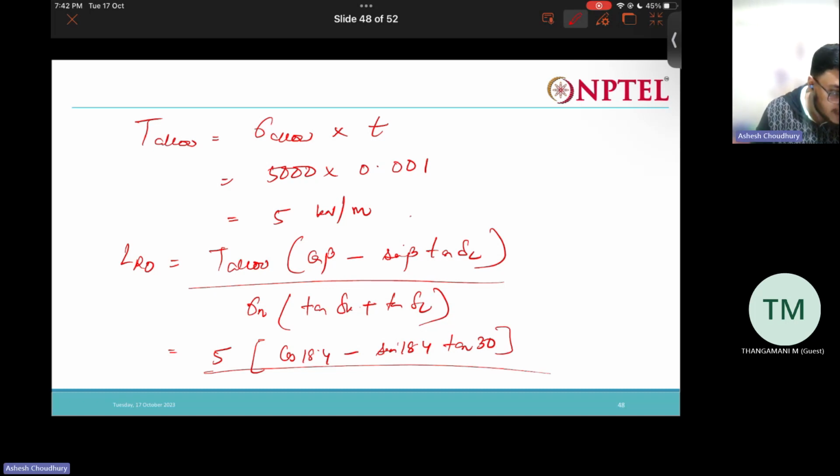What is the normal stress? Normal stress is 16.5 into the thickness of the cover soil, 0.3. 300 mm means 0.3 meters.